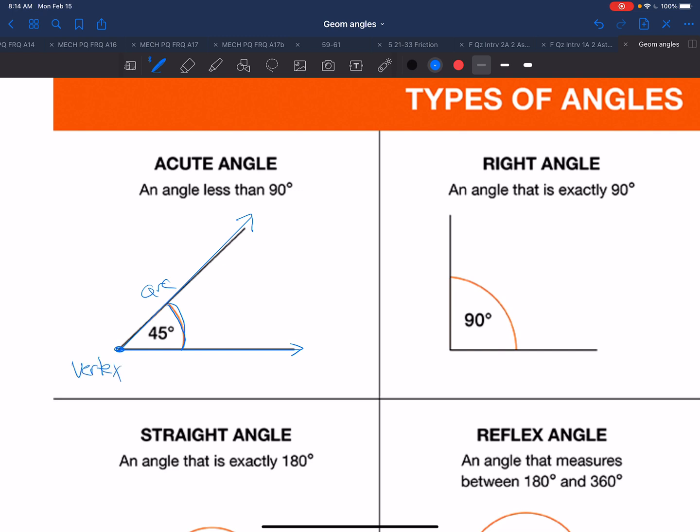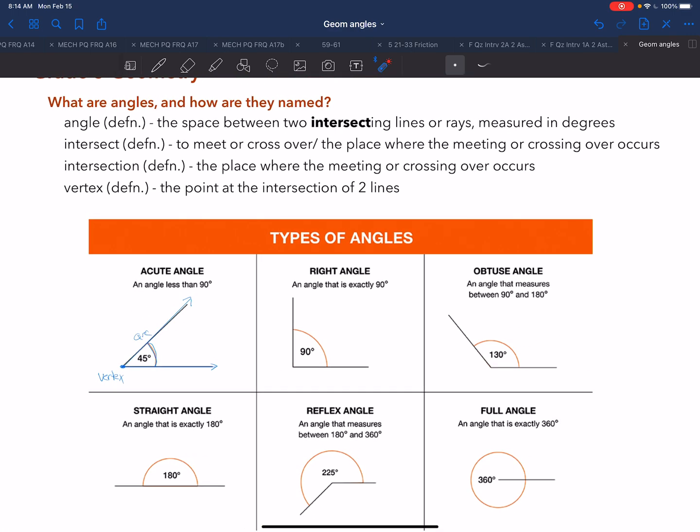So this whole thing is an angle, two lines intersecting each other. And so an angle is the space between two intersecting lines. This line or ray and this line or ray, they intersect, means they meet at a place called the vertex. This little marker here is an angle mark, we call it an arc. And so the angle is this space in between.